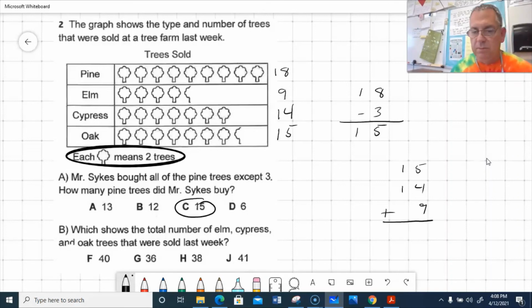What is 15 plus 14 plus 9? Okay, I know 5 plus 4 is 9, and then 9 plus 9 would be 18. Regroup over there. And then I have 3 at once, so that'd be 38 trees were sold. That'd be answer choice H.